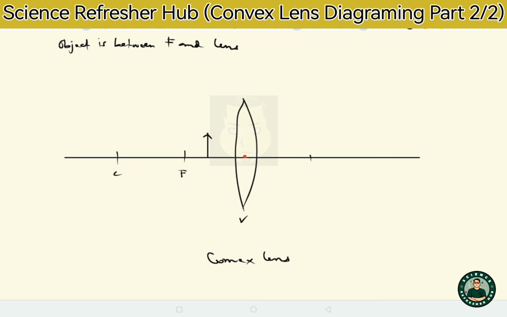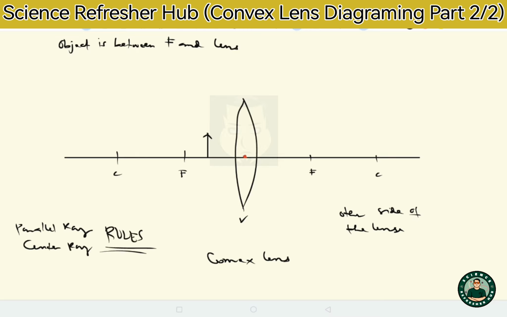That's going to be the center, and let's put it here, the other side of the lens, the focus and the center, on the other side of the lens. Let's try to find the characteristics of the image formed here. Let's still apply the parallel ray and the center ray rules.